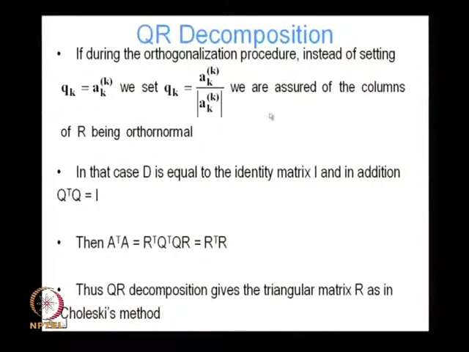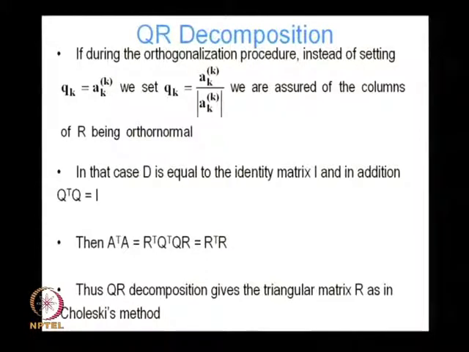This is just a diversion, but if during the orthogonalization procedure, in addition to orthogonalizing, we also normalize, we orthonormalize sort of. We set the Qk vectors so that each of them has norm 1. So, not only are they orthogonal to each other, they have unit norm also.